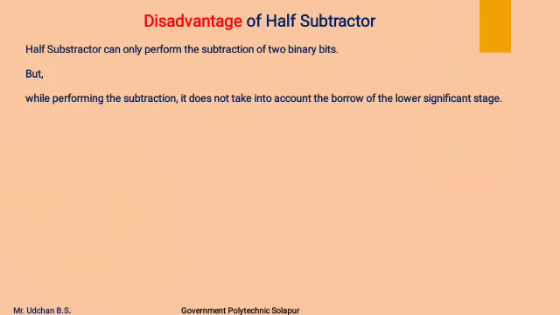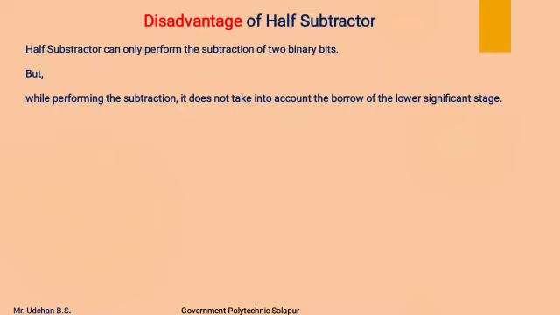Now, as the half adder has disadvantages, the same disadvantage applies to the half subtractor: it can perform only single bit binary subtraction, because while performing multiple bit binary subtraction it does not take into account the borrow of the lower significant stage.